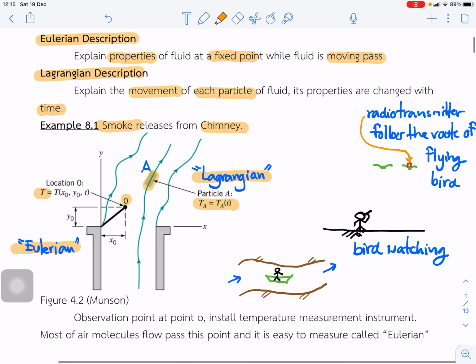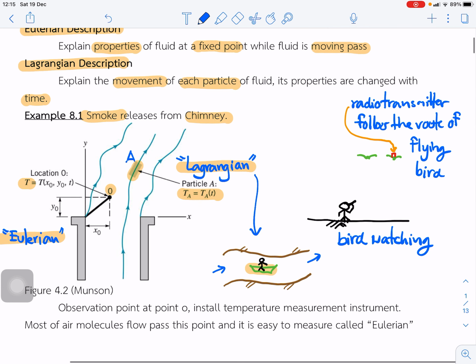Another example is in the river. If we sit on a boat on the river, what we see from the river is the Lagrangian description. But if we sit on the bank of the river, that is the Eulerian description.